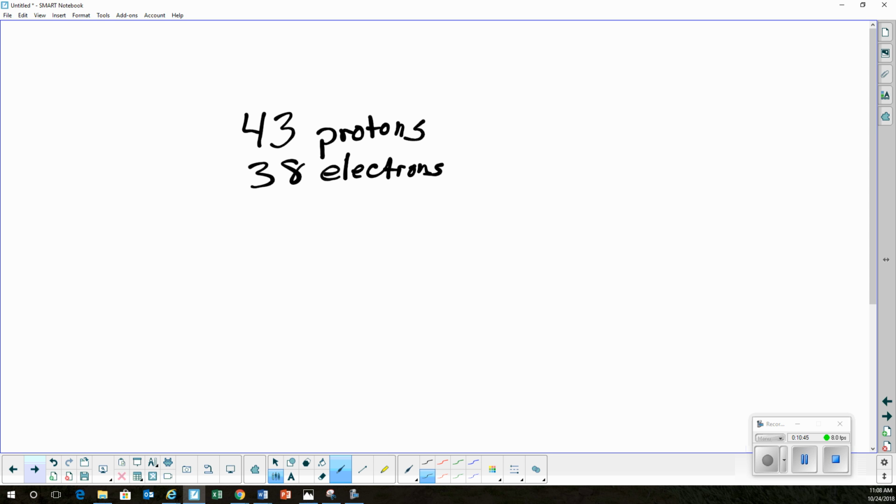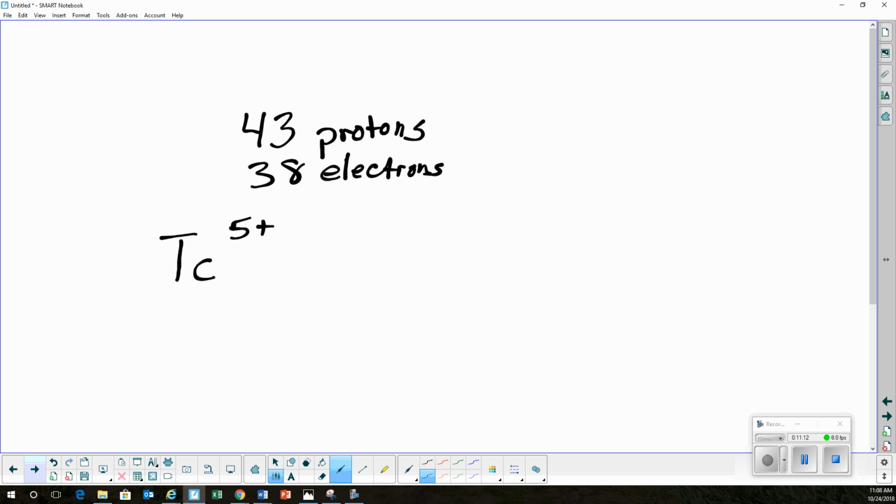Okay, should have had a chance. What element is it? Technetium, Tc, right? So I'd write Tc. What charge does it have? It has a positive what? So it has a 5 plus, right? So you should be able to do that given that information.